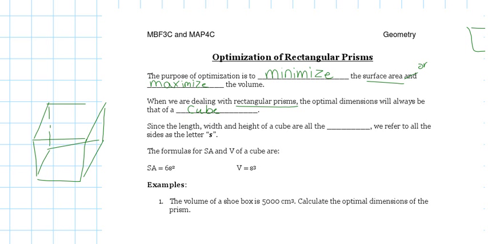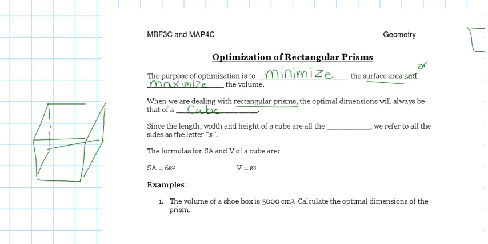So the surface area is, you find the area of all the sides and add them together, right? But we know that the area of this face, this face, this face, this face, they're all the same. So basically I have 6 equal faces. Do you agree with that? So this side is S, and this side is S, because they're exactly the same, right?